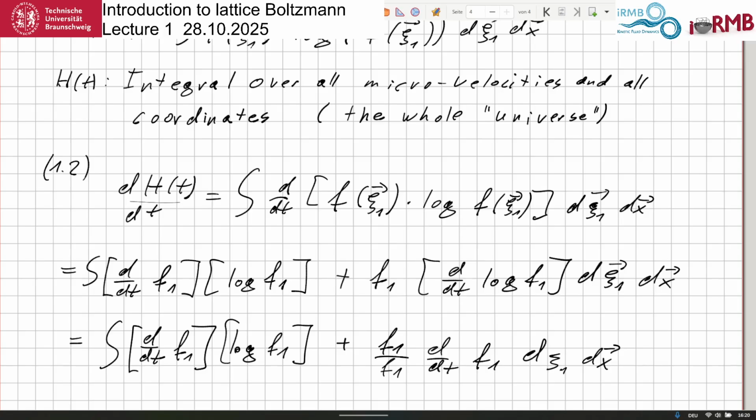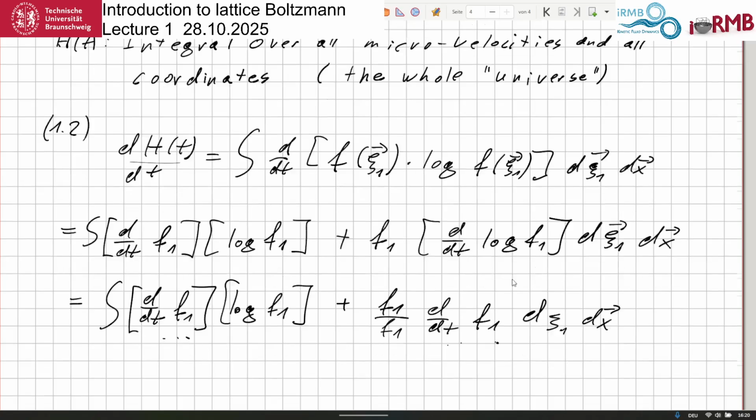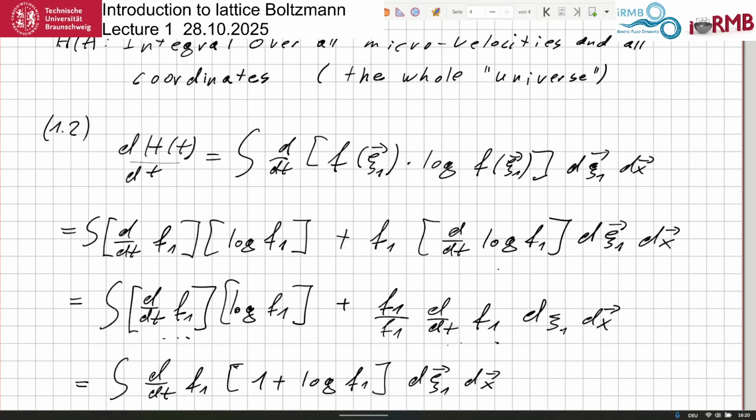Then I have this time derivative here twice. So I take out this time derivative, d by dt of f1, and this multiplies 1 plus log f1, and this is integrated over c1 and the entire universe.